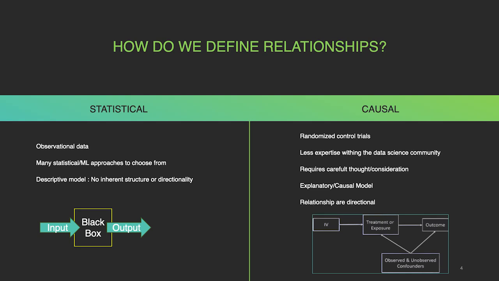And so in order for us to understand what I mean by causal inference, we might think of how we think of the relationships of data. Typically, in our everyday lives as statisticians and data scientists, we might use statistical relationships, meaning we have some observational data.